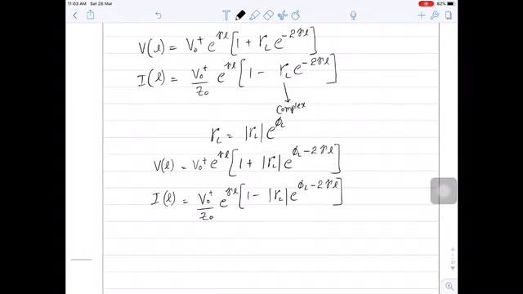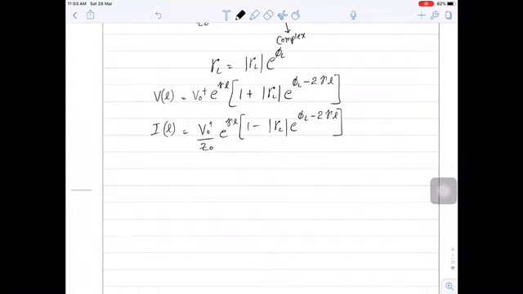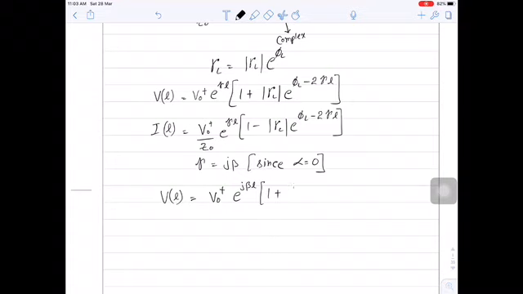For a lossless transmission line, the value of γ equals jβ, since α equals 0. If you substitute γ equal to jβ in the above expressions, then the voltage V(L) equals V0+ e^(jβL) (1 + |Γ_L| e^(jφ_L) e^(-2jβL)).